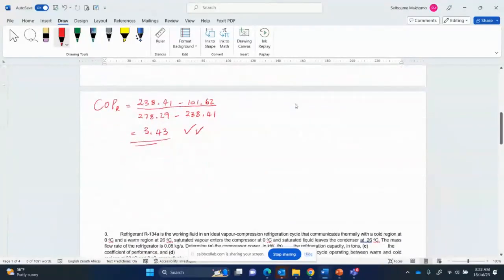So we say that QL is going to be the mass flow rate, bracket, enthalpy at 1 minus enthalpy at 4. Then we say multiply by 1 divided by 211. What does that mean?